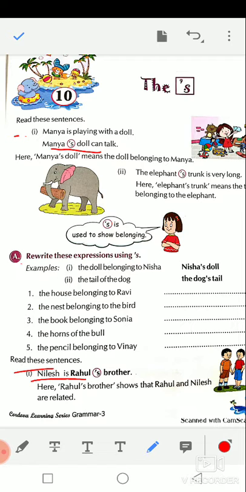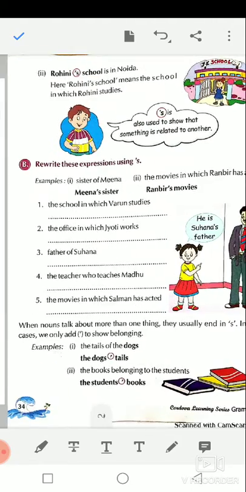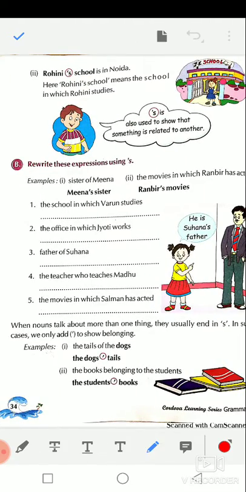Now next is Rohini's school is in Noida. Here Rohini's school means the school in which Rohini studies. So we are talking about the school in which Rohini studies, and we can also say Rohini's school.